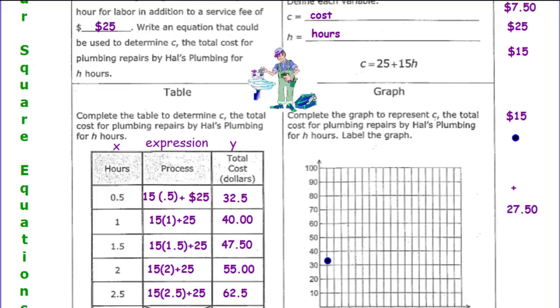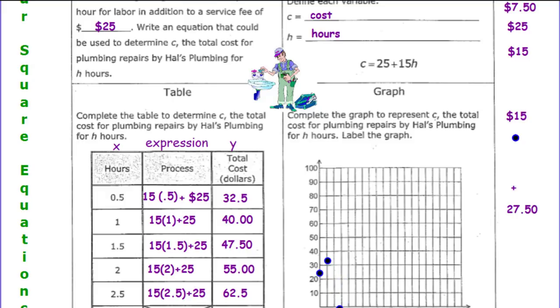And then we said if he didn't do anything, it would still cost us $25. And then if he works for 1.5 hours, it would cost us $47.50.